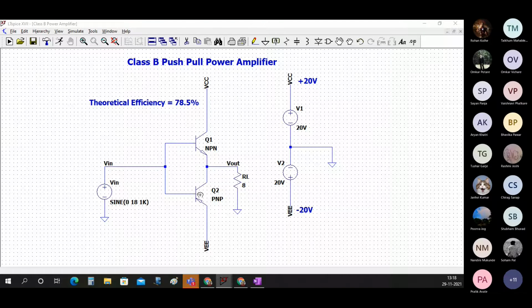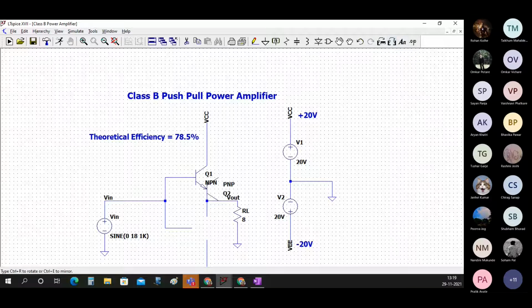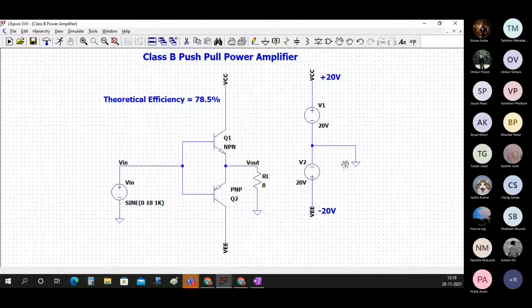Like this, the emitters of the transistors should also be shorted. When you directly pick up the transistor and put it here, you can see that the emitters are not shorted, so this is actually a problem. What you should do is take this transistor and rotate it. Once you rotate, you can't connect it like this, so after rotating, you will use the mirror option and connect it in this. So now do this.